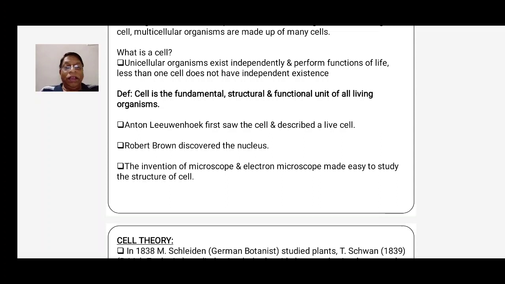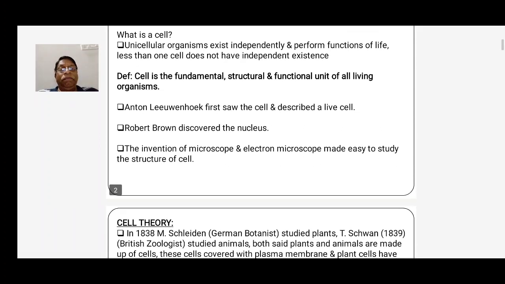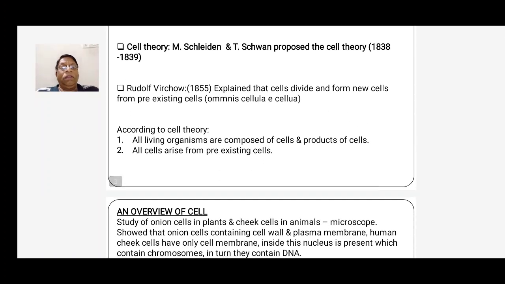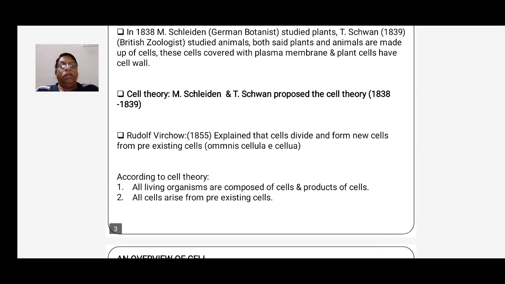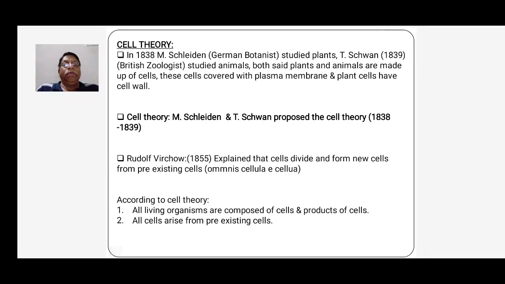Cell theory. In 1838, Schleiden, a German botanist, studied the plants.